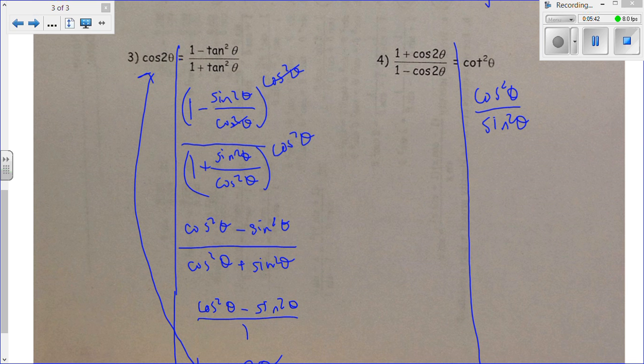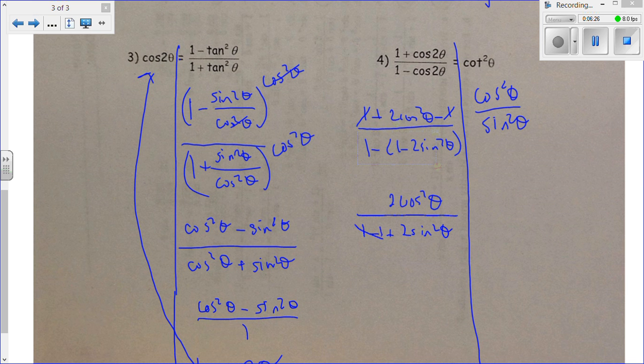So I'm going to have 1 plus, if I use the cosine double angle that only has cosine, it is 2 cosine squared theta minus 1, over, if I do the formula that only has the sine in it, it'd be 1 minus 2 sine squared theta. In the numerator, my 1's cancel each other out, and I'm left with 2 cosine squared theta over, distribute my negative, I have 1 minus 1 plus 2 sine squared theta.